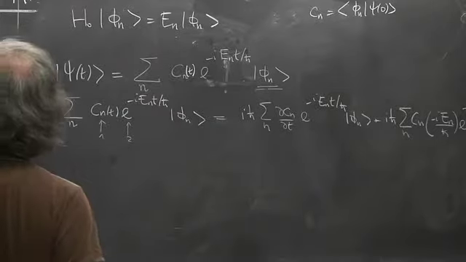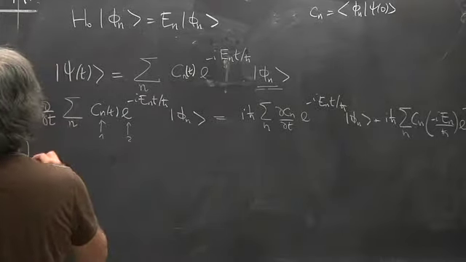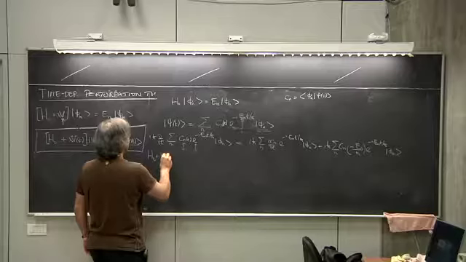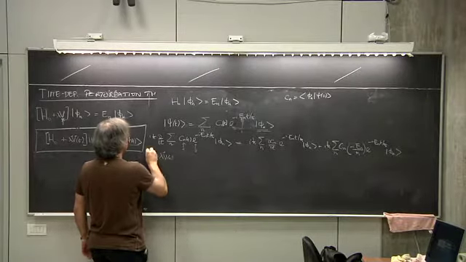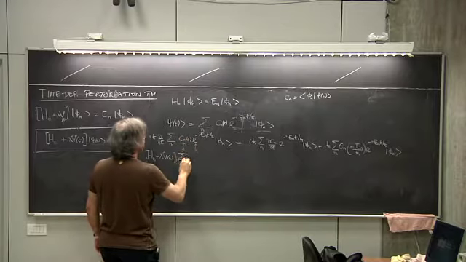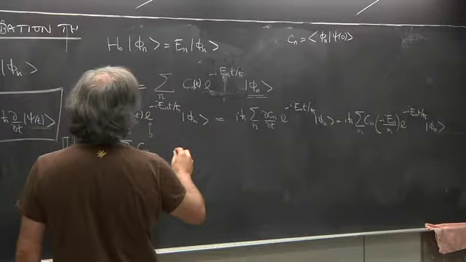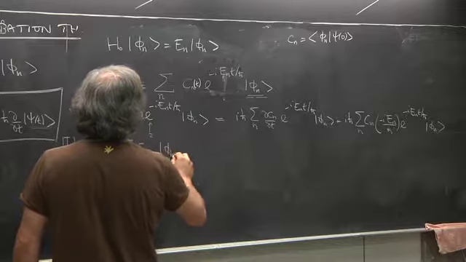Now, let me look at the right-hand side. The right-hand side is H0 plus lambda V applied to this very same thing, so the sum over n of Cn phi n.